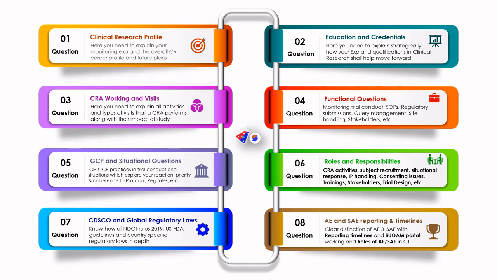If my subject is admitted or, unfortunately, if he died, then what are the SAE reporting criteria? Now, we report SAEs on the Sugam portal in India. So how does the Sugam portal look? What is Table 5 in the Sugam portal? You need to understand what kind of documentation goes into an SAE submission, what the 24-hour submission document is, and what the 14-day follow-up required is.